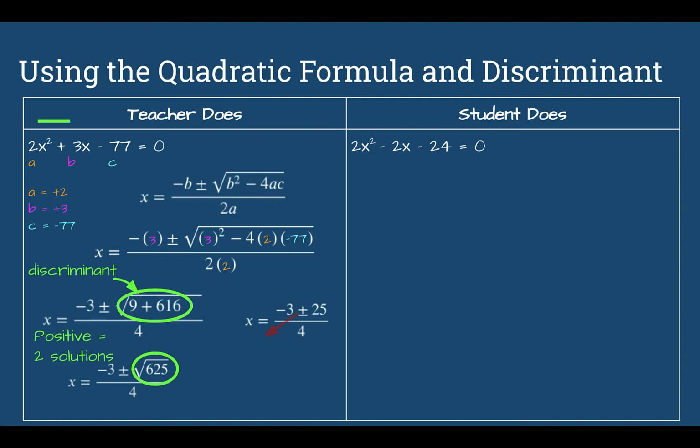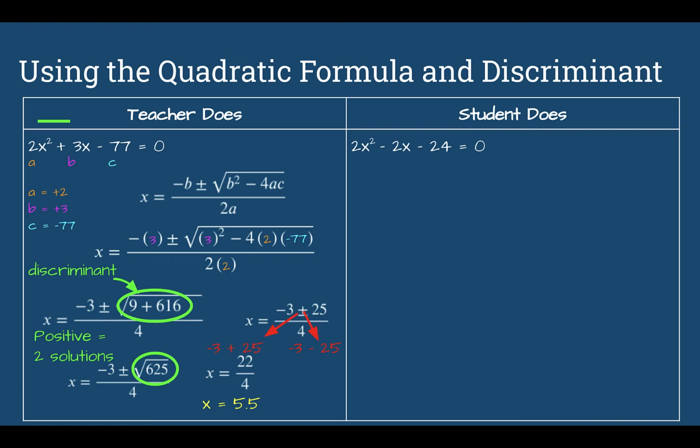So I'm going to do negative 3 plus 25, and I'm going to do negative 3 minus 25. That 4 isn't part of the plus or minus. We'll add that back in a minute. So negative 3 plus 25 is 22, and that's over 4, which comes out to be 5.5, or 11 over 2.